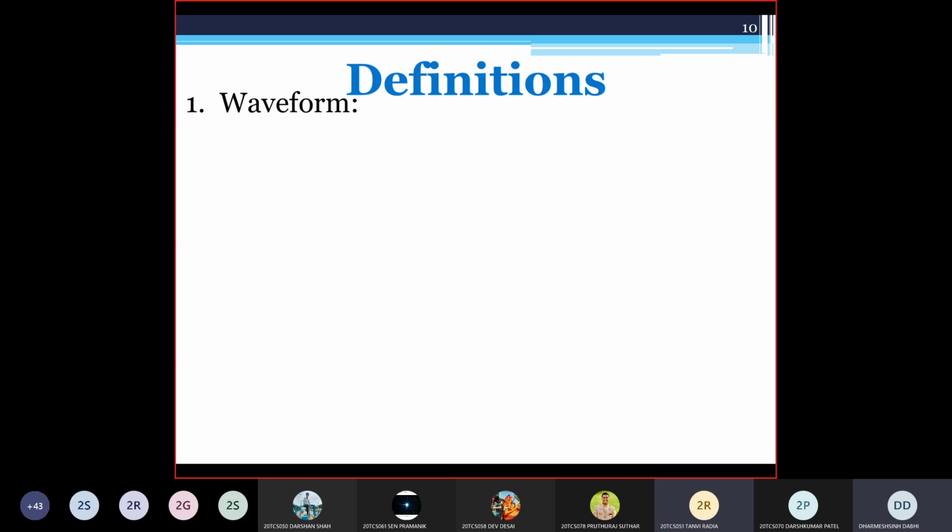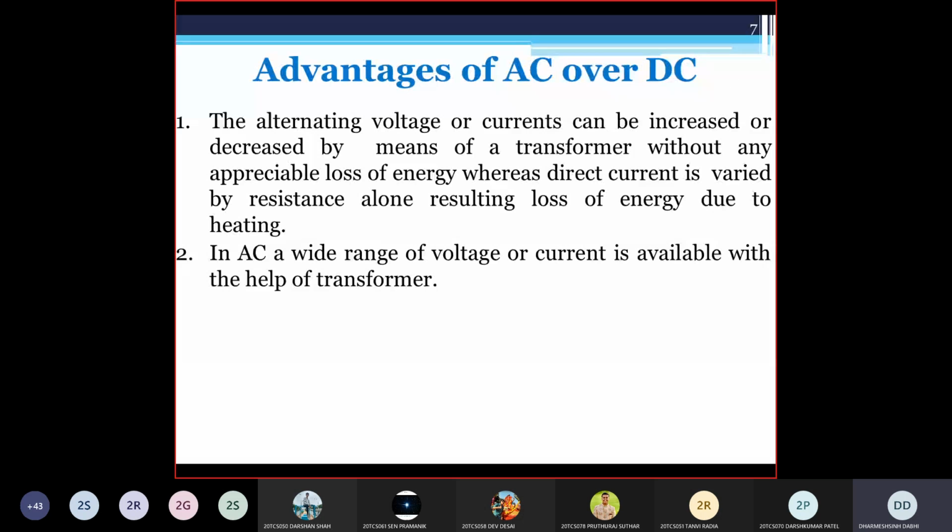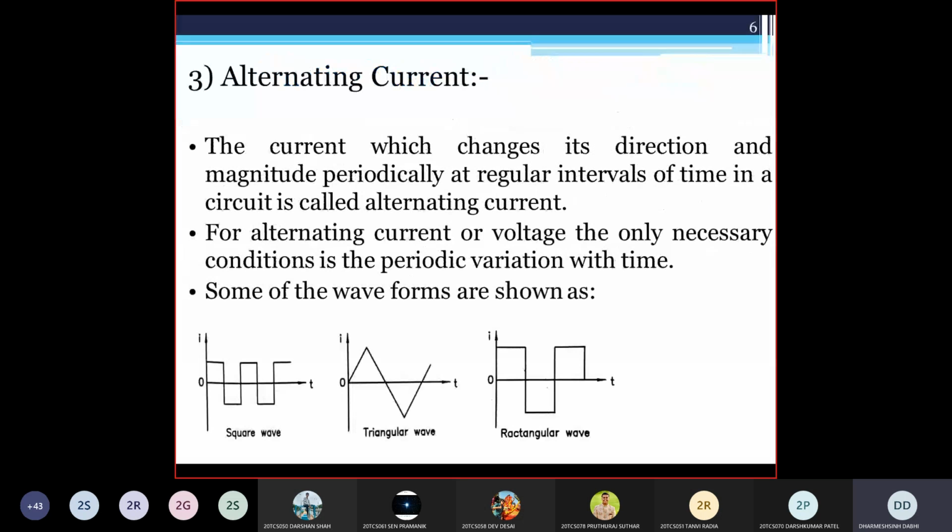See, a waveform is not only a sinusoid. It may be a square wave type, or the waveform may be a triangular type. So it doesn't mean that a waveform is always a sine wave. As I already told you about alternating current, when I went to the previous slide, I explained that alternating current does not mean only a sine wave.